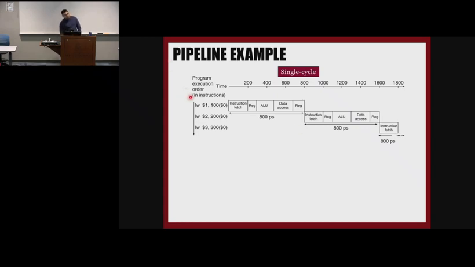So we have 3 instructions like this. Register 1, register 2, register 3. These are the indexes already. And then we have 3 instructions, 800 picoseconds for load word, 800 picoseconds, and 800 picoseconds. So how many clock cycles do I need to finish this code?